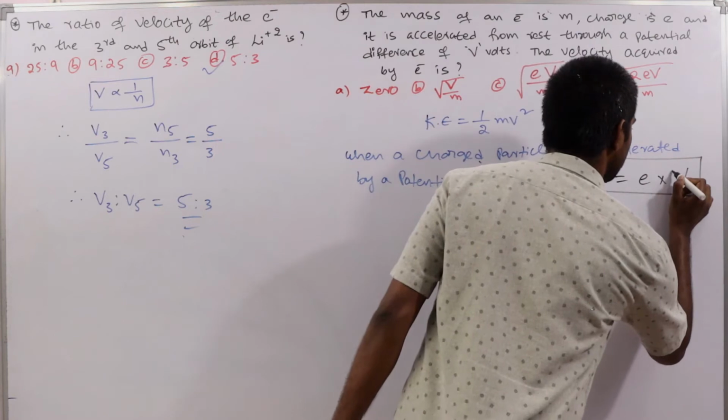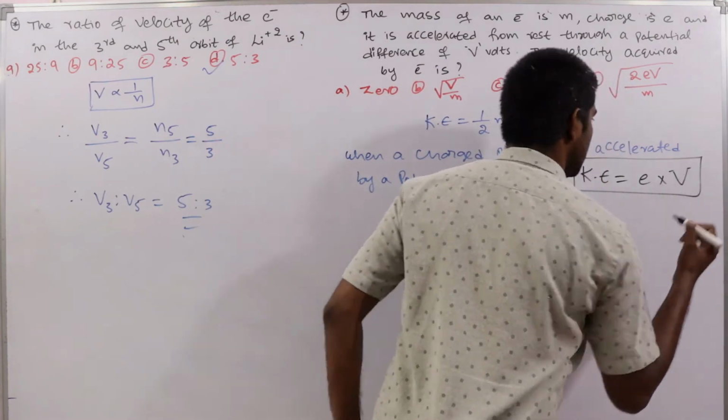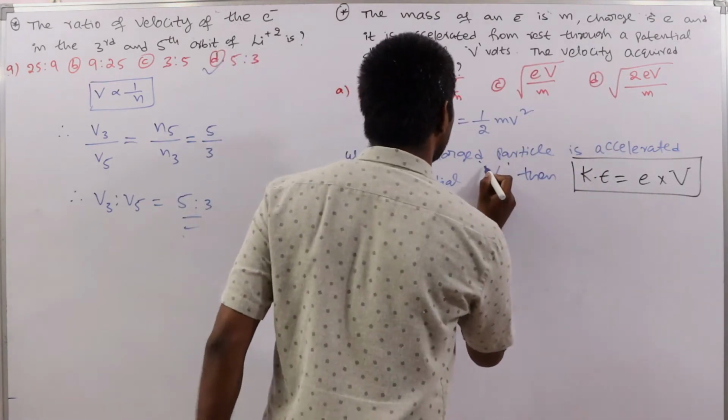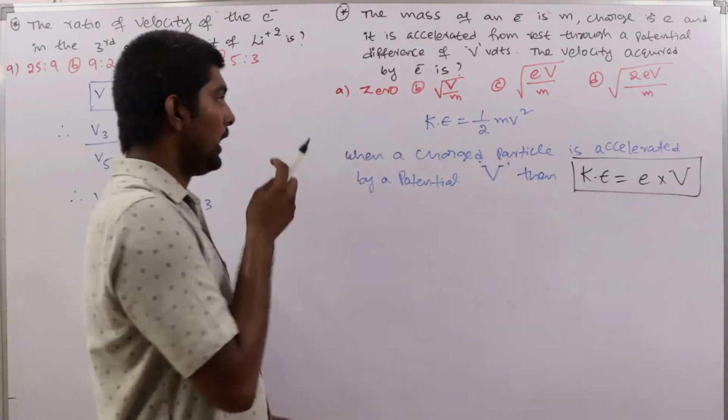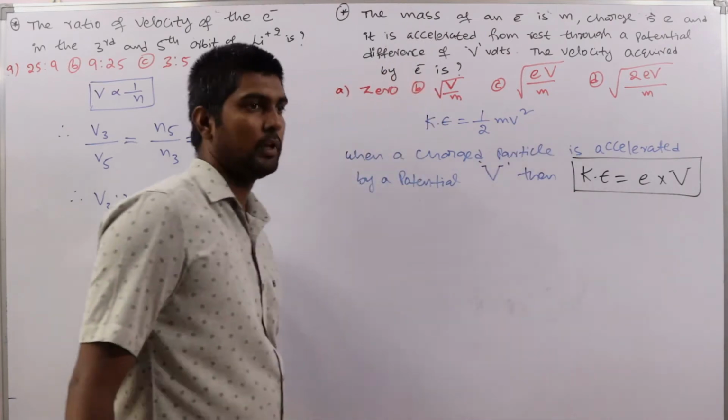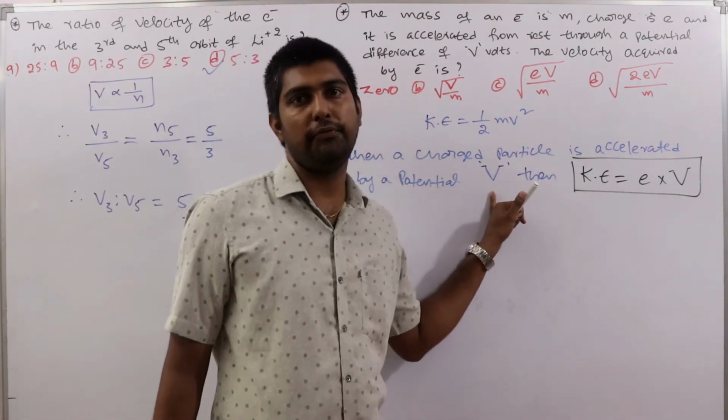So this we write like this for understanding purposes, to differentiate between the two V's. So here this is velocity and this V is the potential difference.